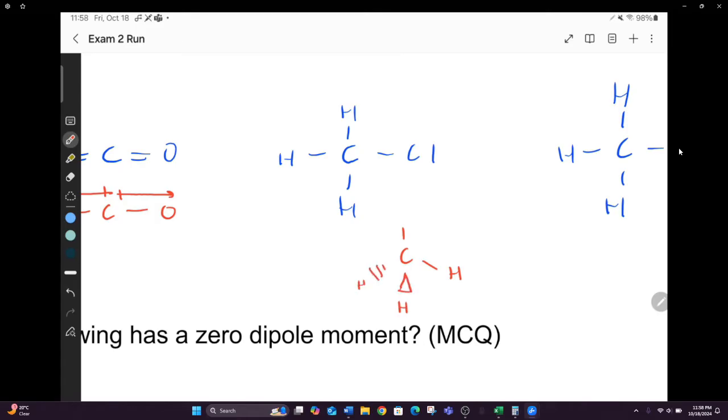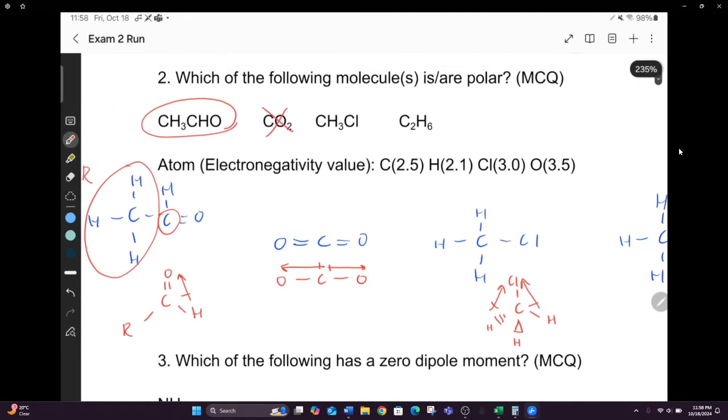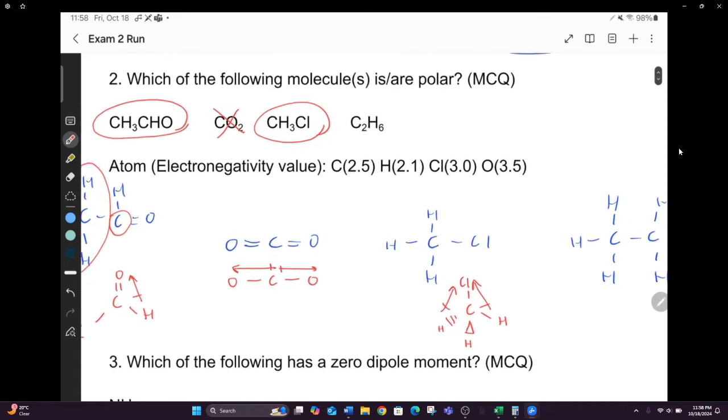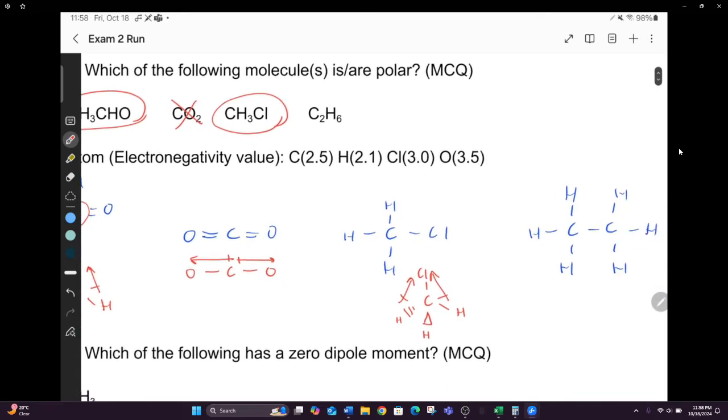Give me a second. Cl. And because it's tetrahedral, this Cl is more electronegative, so the dipole moment is gonna be towards it. And because it's not being equally pulled back by anything else, that's how we determine this. So we're gonna say that CH3Cl is polar, right? Because it has that dipole moment.